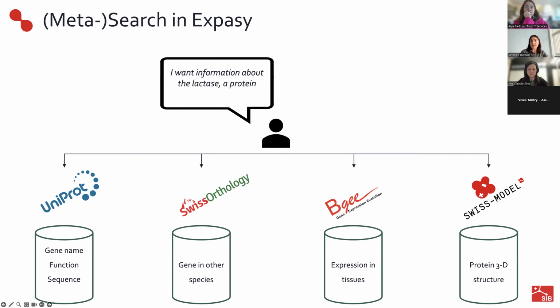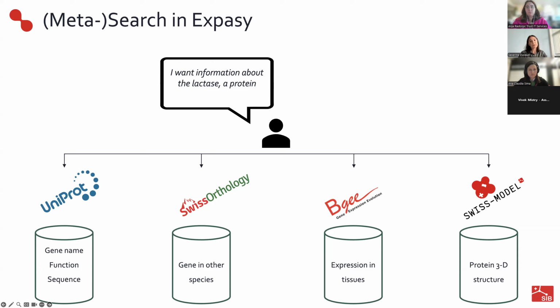So let's see an example of a meta search for a user, let's say interested in the lactase, a protein. From the XPC search result page, they can access UniProt to discover, for instance, the function of the protein in human or to download its sequence. If they want to know in which species the gene exists, they can go to Swiss Orthology.